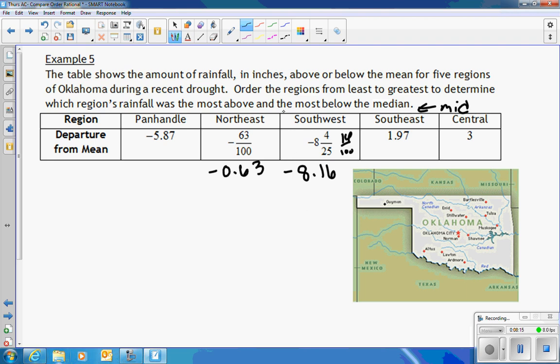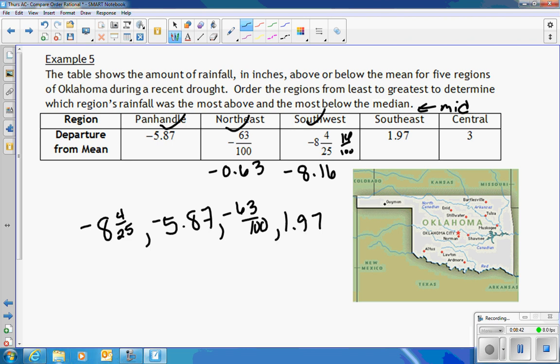Now, I'm supposed to be listing them from least to greatest, so I really didn't have to convert that because I should have already known that that was going to be my smallest number based on the whole number. The next smallest number is -5.87, and then -63 over 100. So I've taken care of these, and then I'm going towards my positive.